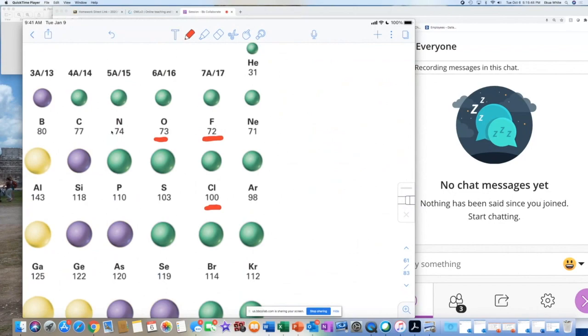So chlorine is larger than that, and you can see right here, this is larger than that. So this will require less energy, and this will require more energy. It's just the opposite of the numbers you have in this picture. That would be the easiest way I would advise you to answer that.